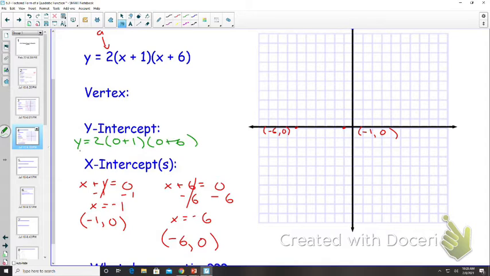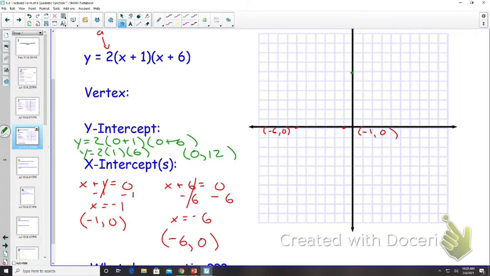So y is equal to 2 times 1 times 6. So 2 times 6 is 12. So the y-intercept is 0 and 12. Perfect. So 2, 4, 6, 8, 10, 12.